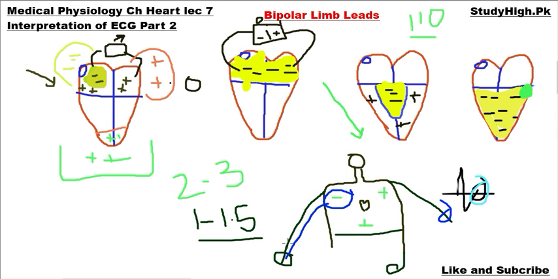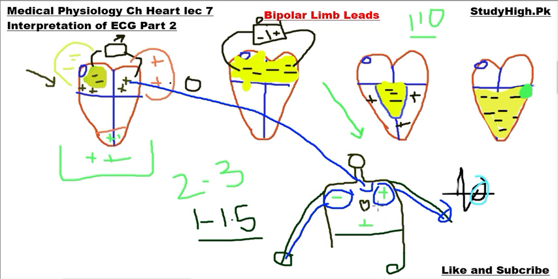If a positive potential is generated by the heart muscle in this region, it will also cause a positive potential in the fluid present on this region of the heart, and our left arm that is connected with this fluid will also carry a positive potential.